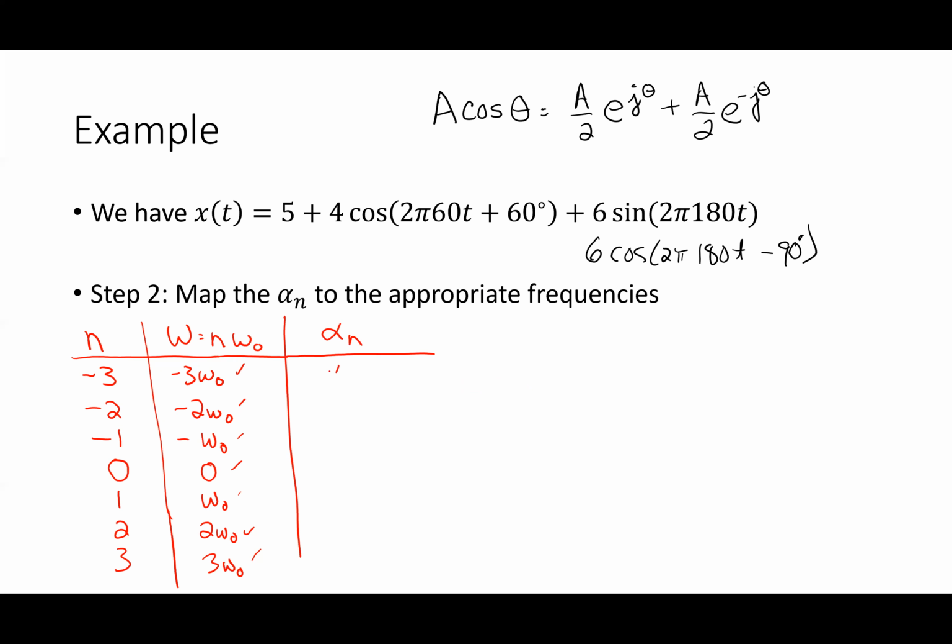Alpha -3 goes with the term at 3 omega naught. Alpha -2 goes with the term at 2 omega naught. Alpha -1 goes with this guy. Alpha 0 goes with this guy. Alpha 1 goes with this guy. Alpha 2 goes with this guy. Alpha 3 goes with this guy. I don't want to repeat them here. You can go back to the previous slide earlier in the video to see that.